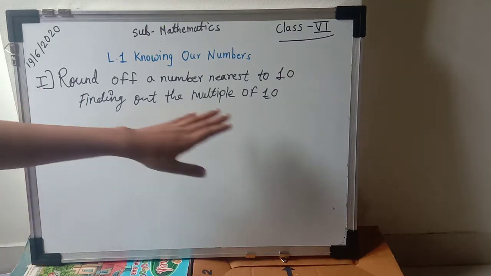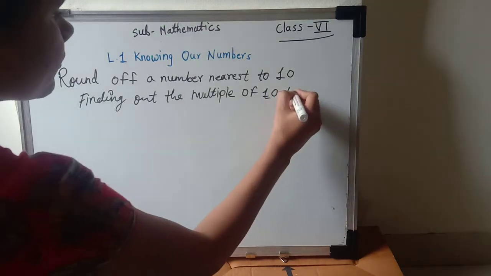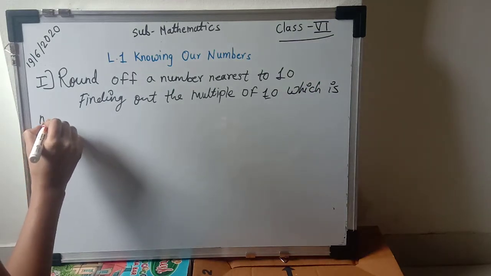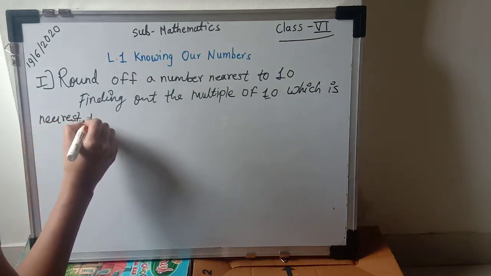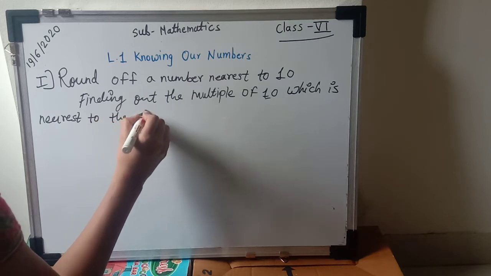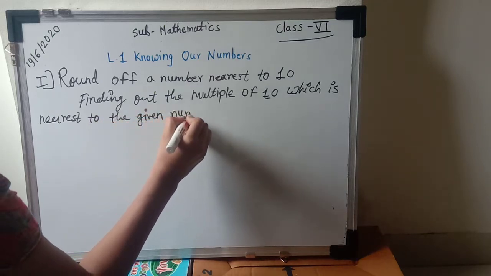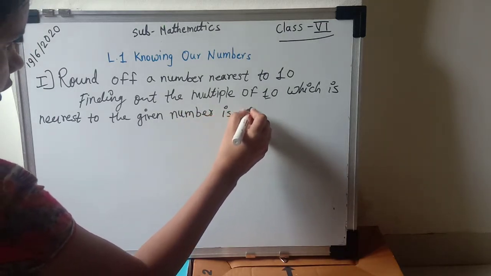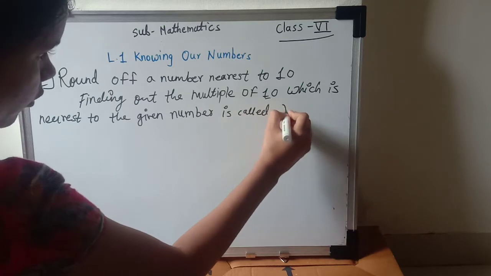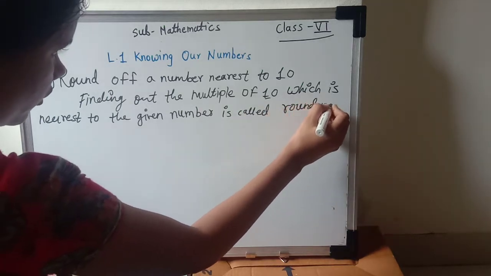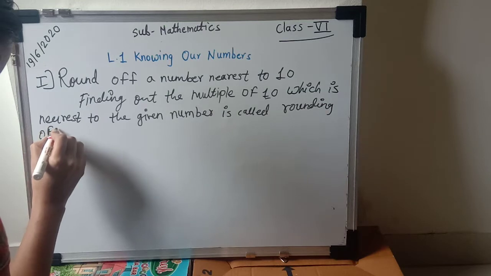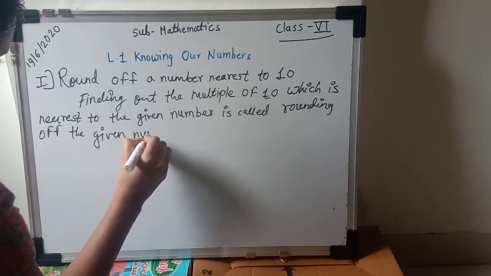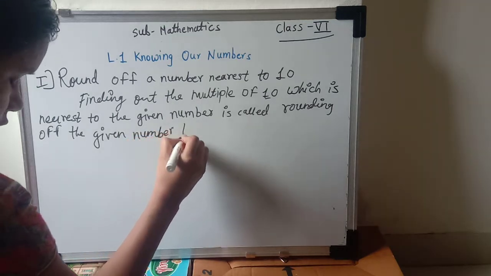All these are multiples of 10. The multiple of 10 which is nearest to the given number, it's called rounding of the given number to the nearest 10.